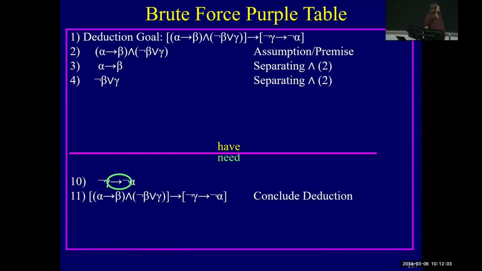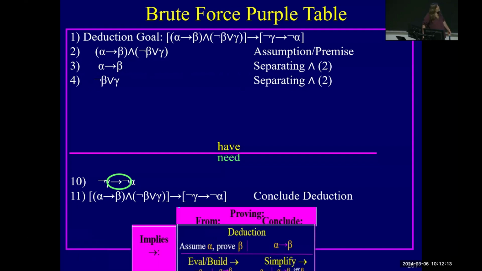And then, well, oh, this is an implies, right? I need an implies. So how do you get an implies? Well, either you can build it by getting the values of these 2 pieces, which doesn't seem to be likely. So we need another deduction, right?